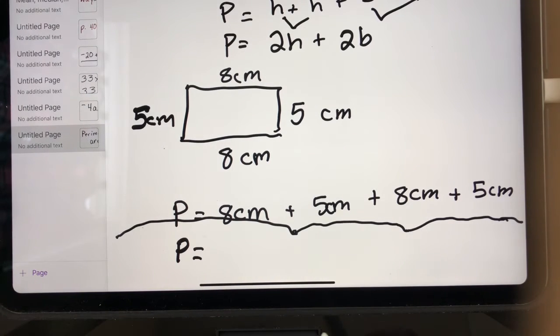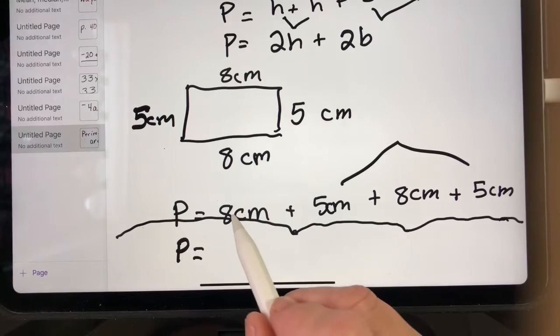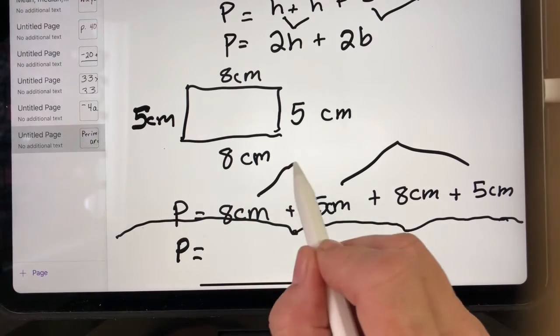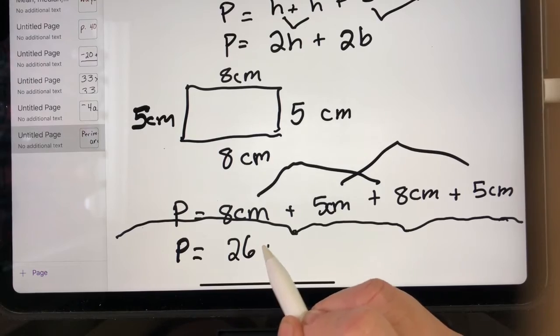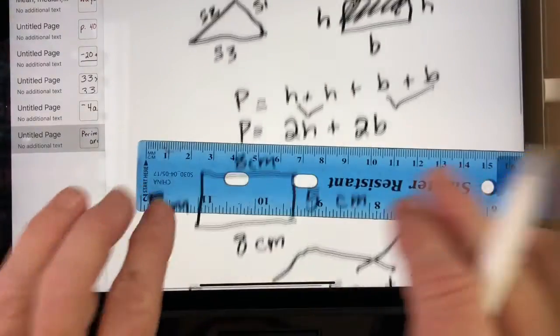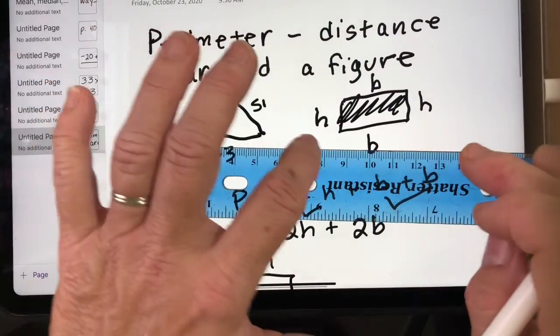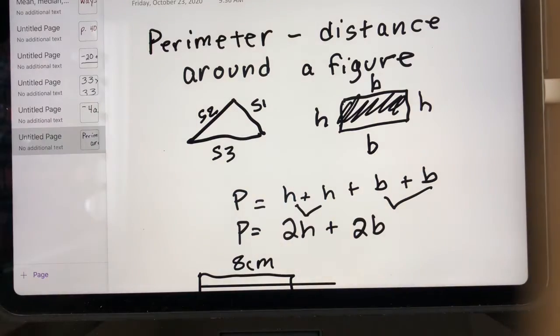What is the easiest thing to add here? Add the 5s to get 10, and 8 plus 8 is 16. So you get 26, but I still have centimeters. When I did this on a ruler, adding 8 centimeters plus 5 more centimeters, it's still going to be centimeters.